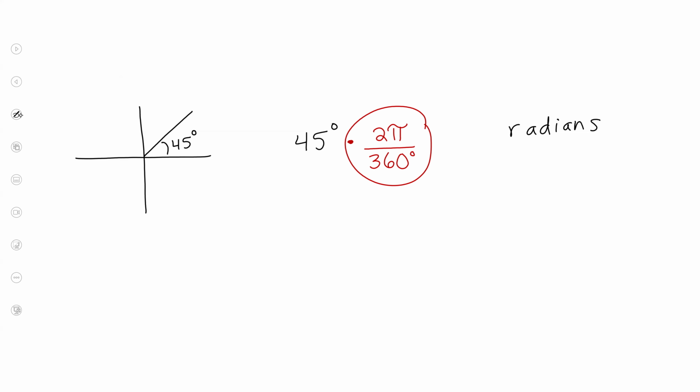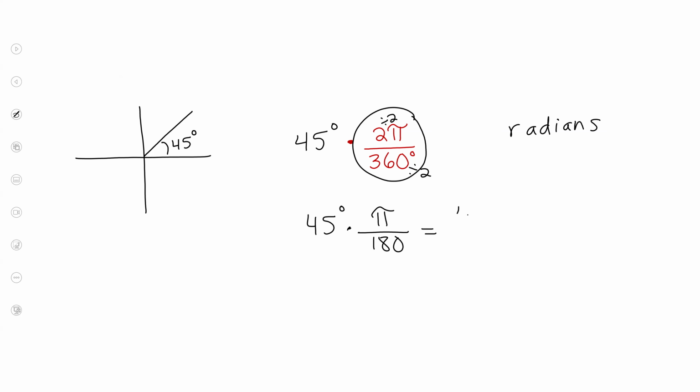Notice what will happen. First of all, can we simplify this? Let's divide this by 2 and get what? Yep, it's just pi. And divide this by 2 and get what? 180. So let's just multiply by this. Okay, so let's just multiply across.